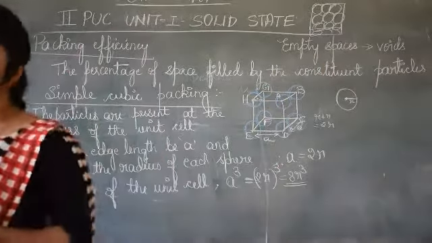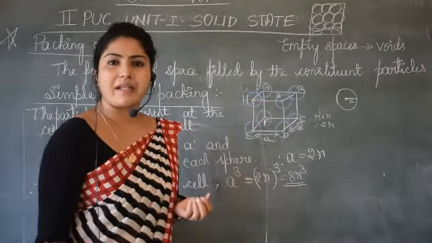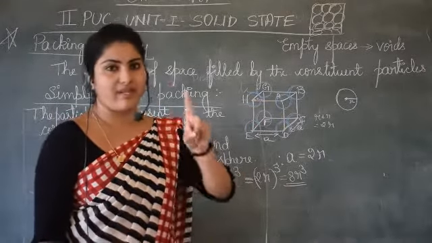Now we want volume occupied by the number of particles here. So how many particles are present in a simple cube? Only one.